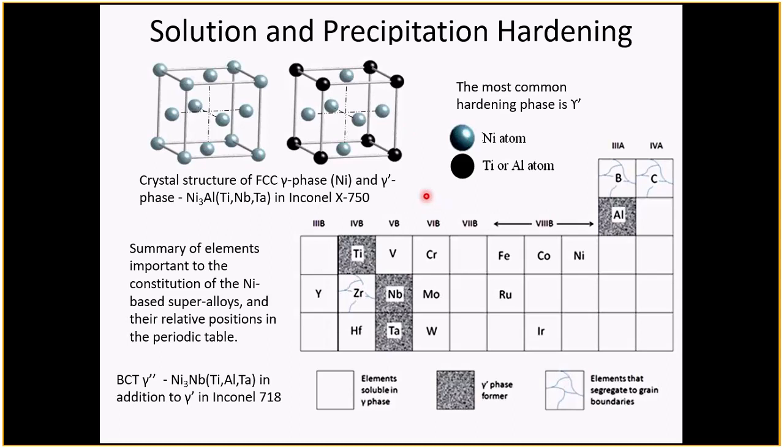Another form of precipitate, which is typical in Inconel 718, is the gamma double prime. This is similar to nickel 3 aluminum. In this case, though, it's a body-centered tetragonal phase. So you don't have the same possibilities for what happens in a nickel superalloy, because that's an oddity of the gamma prime, what gives the superalloys their property.